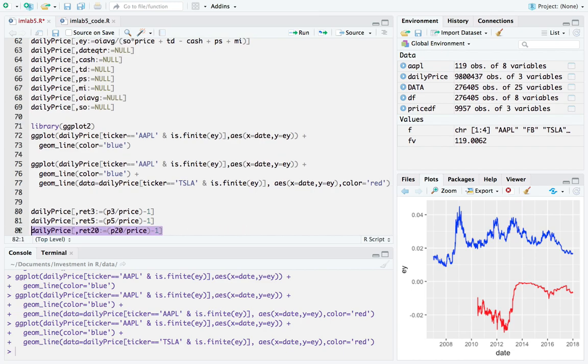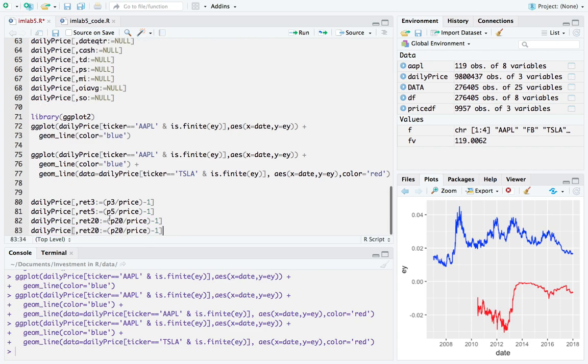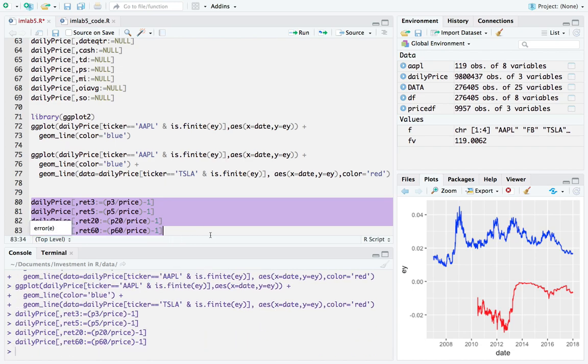And I'll do the other one for 60. All right, and here now, ladies and gentlemen, I calculated my returns.